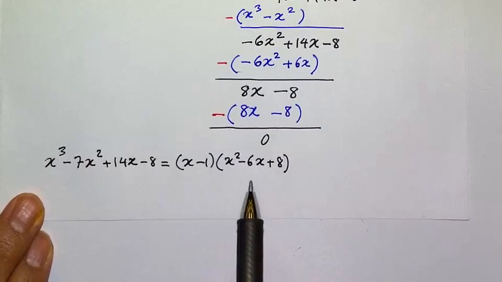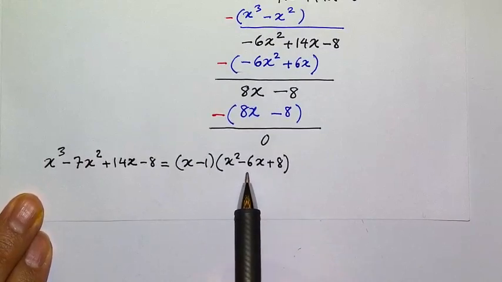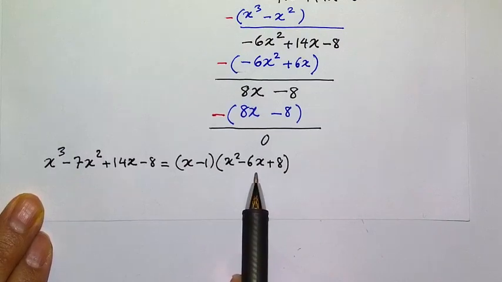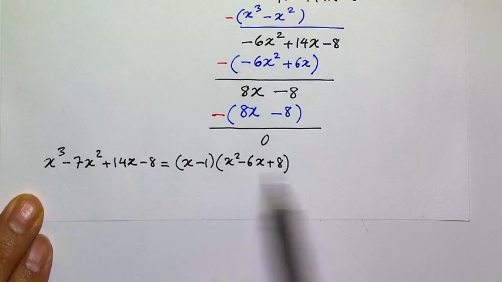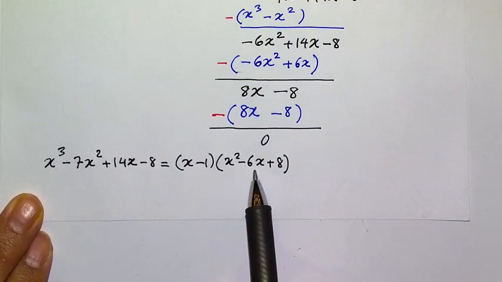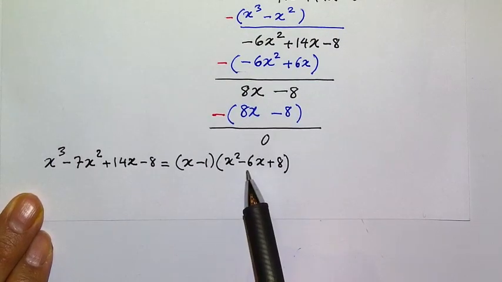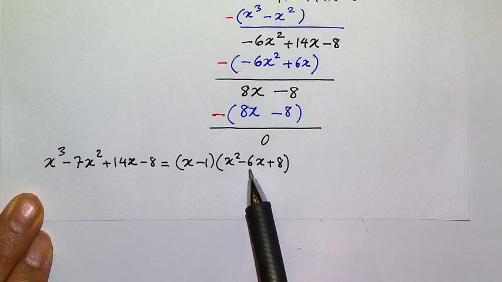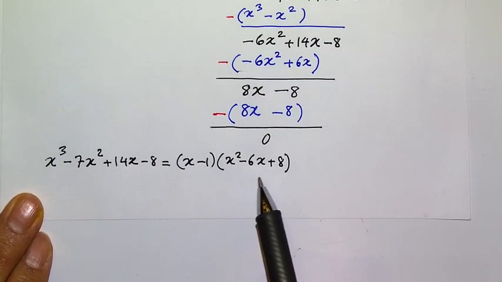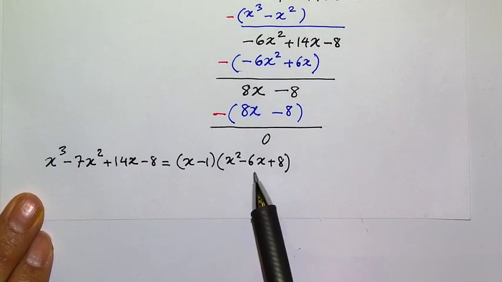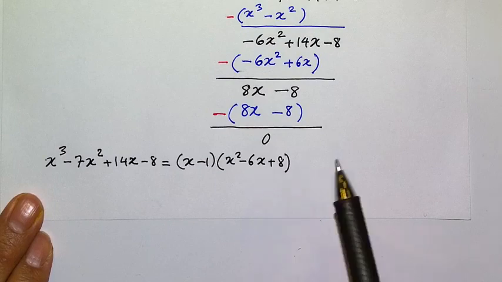Now, if this cannot be factored, we're fine. We'll just end here. But can this be factored? This is just an easy quadratic equation, right? So what two numbers multiply to positive 8 and add up to minus 6? That's minus 4 and minus 2, right?